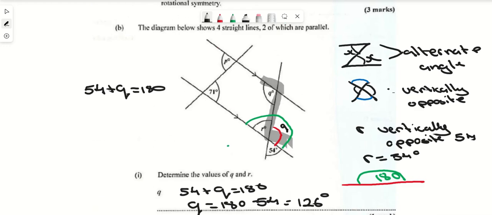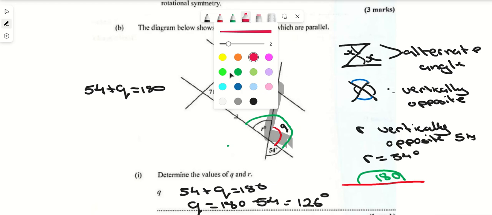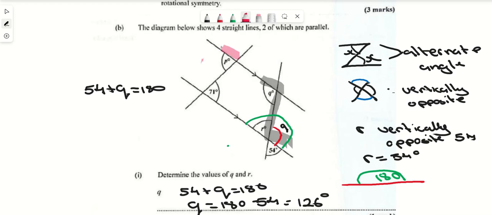Give a geometric reason why angle P is equal to 71. So if we look at P and 71, what shape are we seeing? Are we seeing a Z? We are. Let's put this in a different color so you can see. P and 71 are alternate angles.